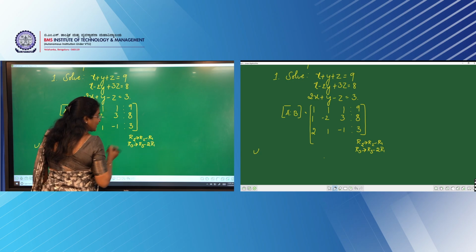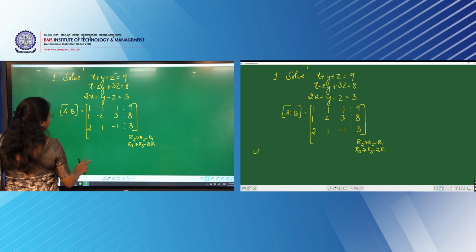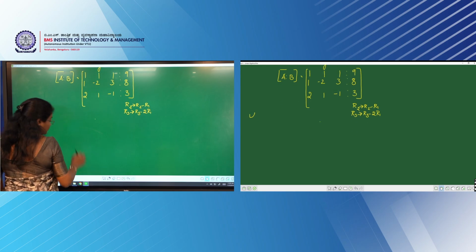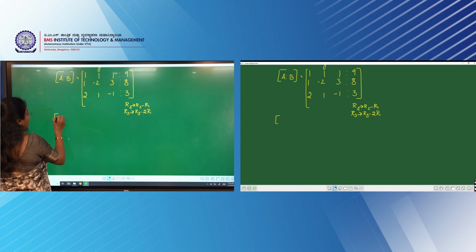Then only I can make it 0. Next, we'll apply this operation and see how to reduce this matrix. I am not changing R1, I am keeping R1 as it is. Only I am changing R2 as well as R3.